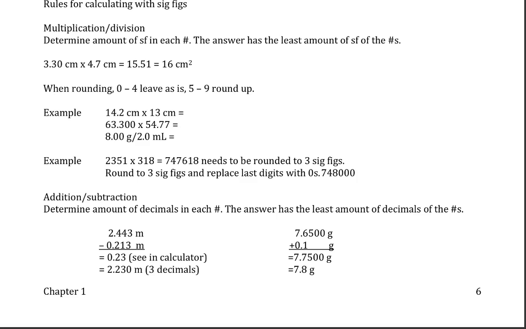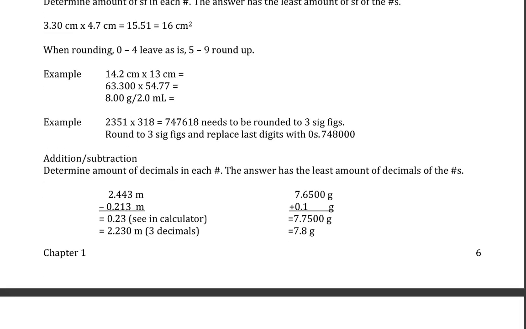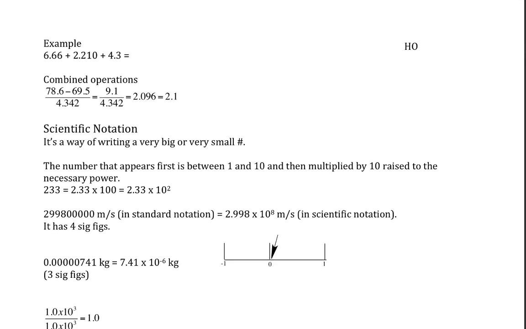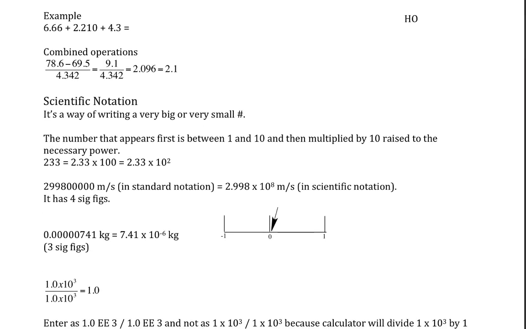So we can only report 1 decimal, so we're going to report the 7.7, getting rid of the 500, but the 5 is 5 or greater, so we round our answer up to 7.8 grams. So here's an example for you to work on, come back to, check your answer.